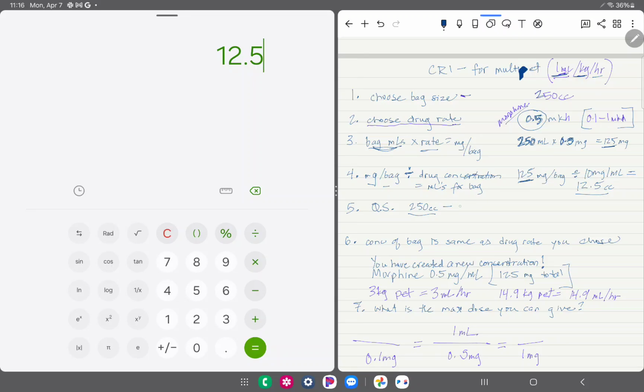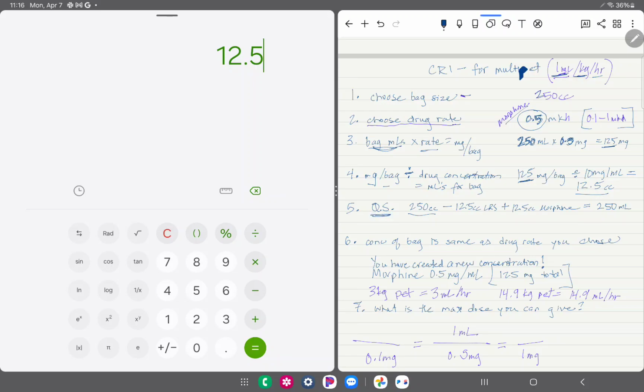So that means I have to take out 12.5 cc's, let's say of LRS. And then I have room. Now I have room to add my 12.5 cc's of morphine, which is great because I end with 250 mLs of total volume. And that's what I needed.